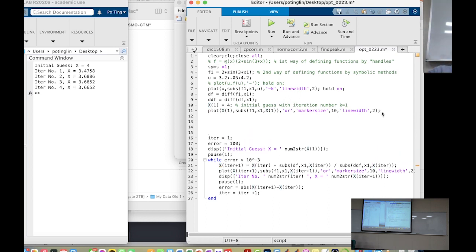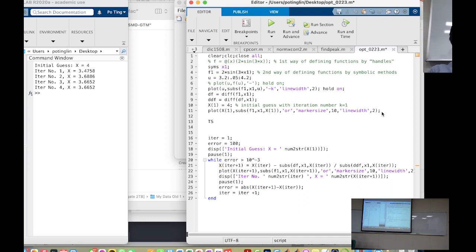Let me call that TS, Taylor series. Okay, yeah, Taylor series.